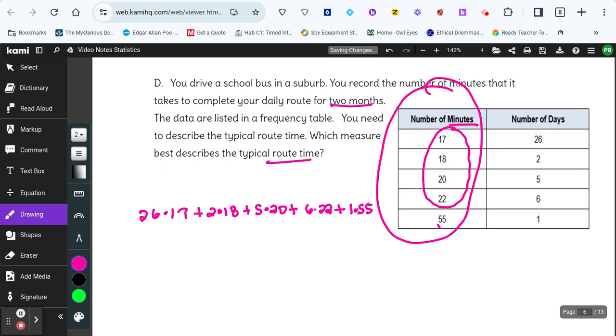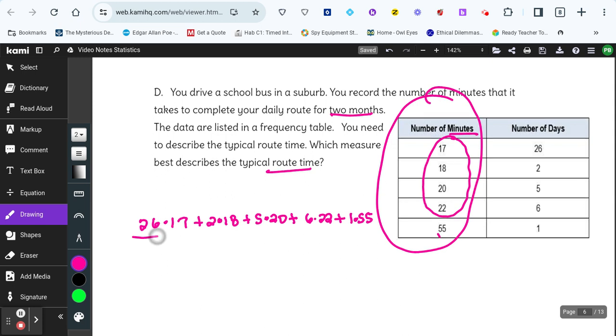All right, now, what am I going to divide this by? So this represents the number of minutes. So this has to be the number of days, okay? So I'm going to be looking at, on average, what was the number of minutes per day? So I'm going to add up these days.